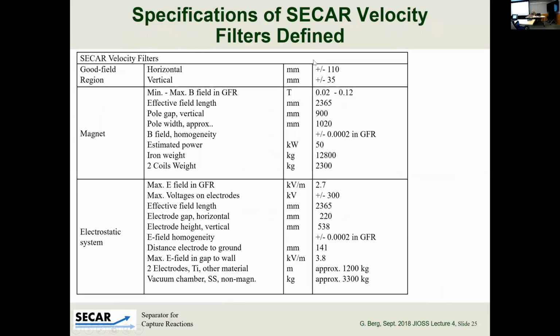Specifications for the velocity filter is here. Good field region plus minus 10 between the electrodes. Vertical is relatively small. The field is also relatively small, luckily, because with a gap of 90 centimeter, the vertical gap of the horizontal, you have seen that piece, you only need a good field region just in the middle and relatively small.